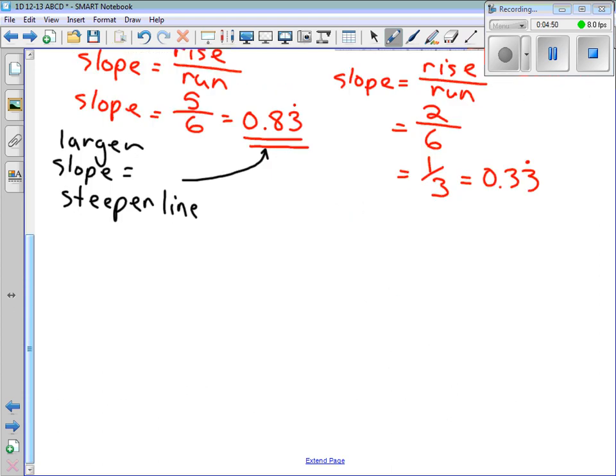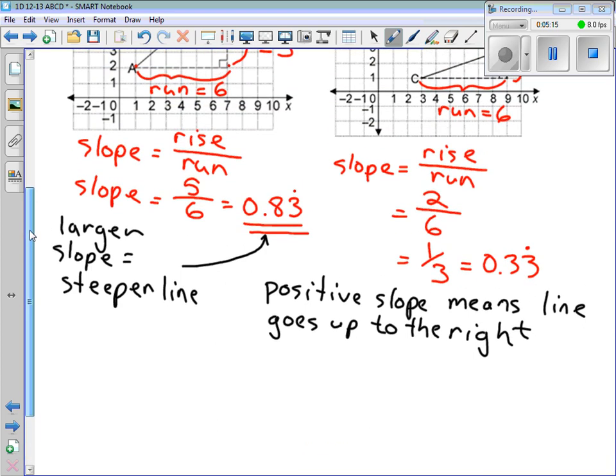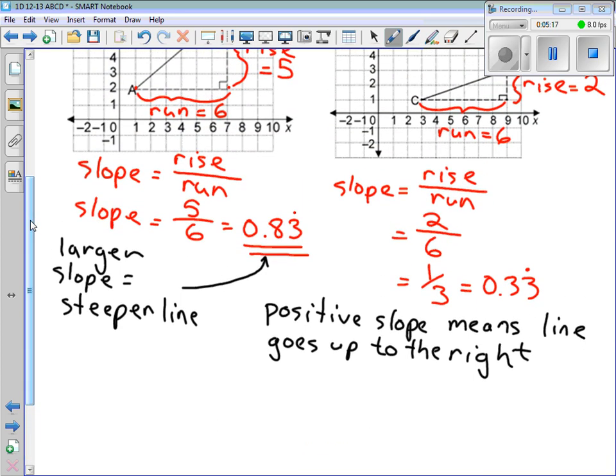So we'll just make another little note in here that a positive slope means the line goes up to the right. Because we're always going from left to right here, just like in those distance time graphs. So bigger number there means steeper slope. Positive slope means line goes up as we go to the right.